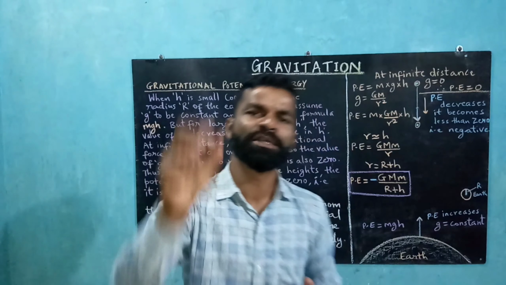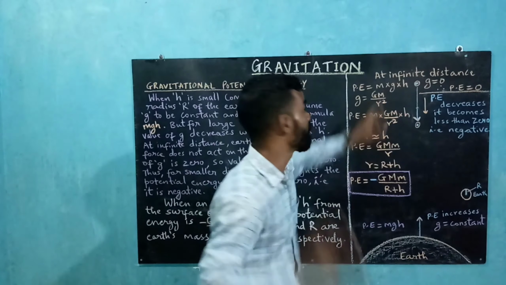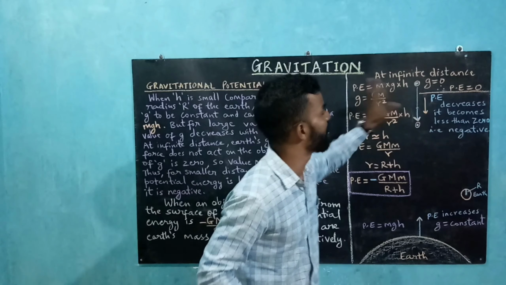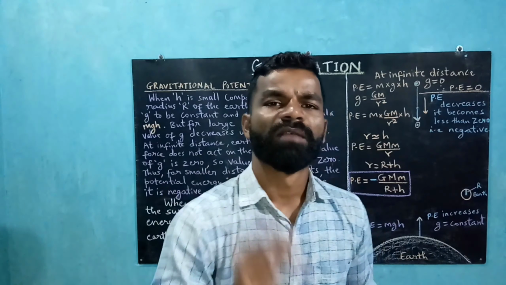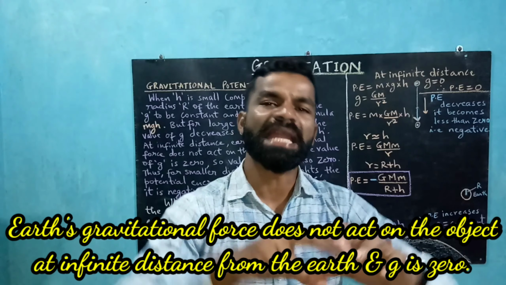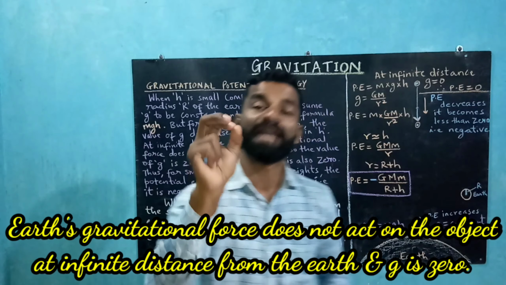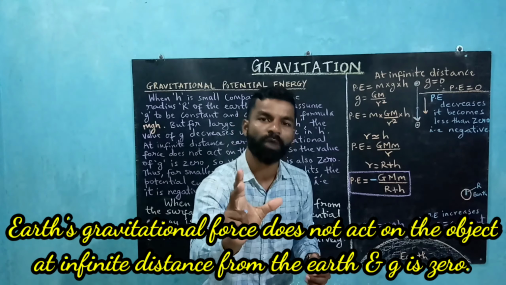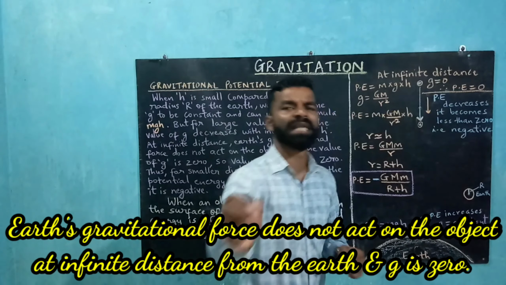So if g is 0 at infinite distance, definitely potential energy will be 0. So at infinite distance, potential energy for any object is 0.